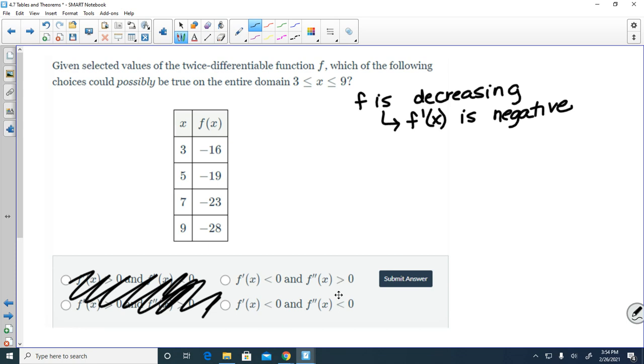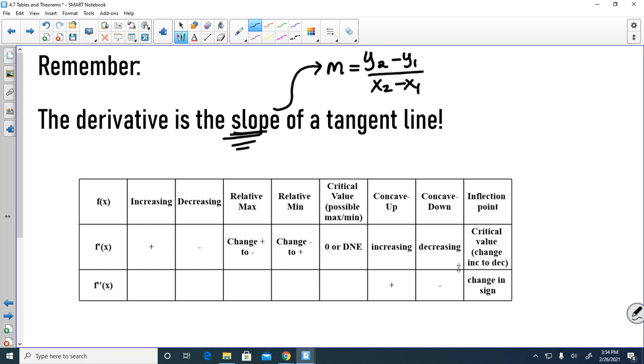Now I have to worry about the sign of the second derivative. For the sign of the second derivative, I would need to know if the function is concave up or concave down. Now this can be tricky to figure out when you just have numbers. But if I had numbers for f prime, then I could tell if f prime was increasing or decreasing.